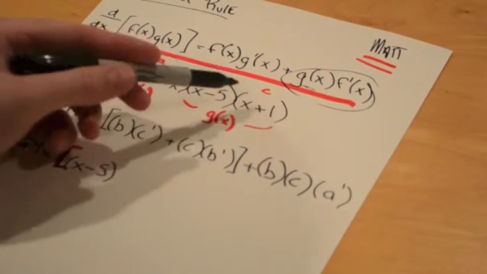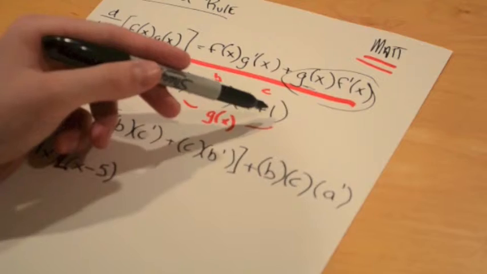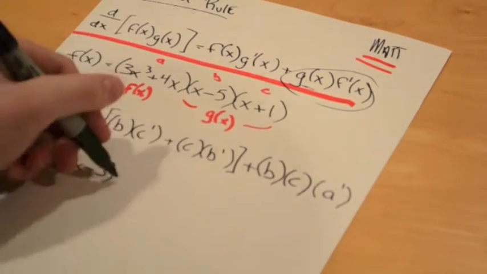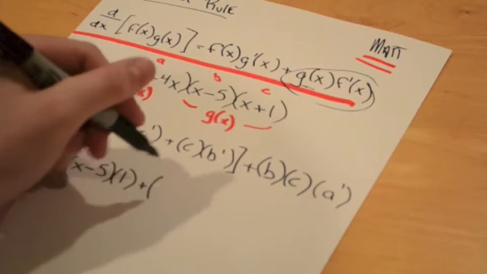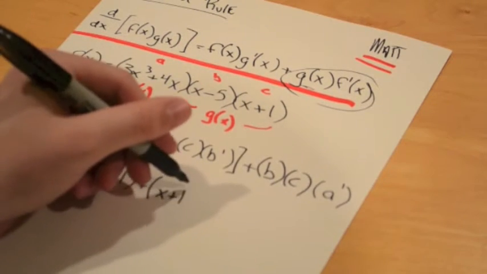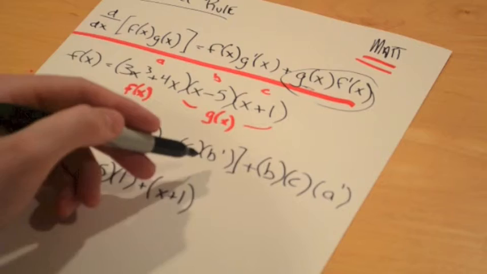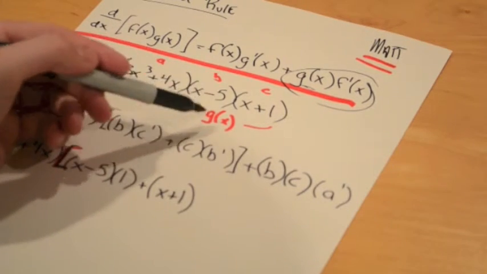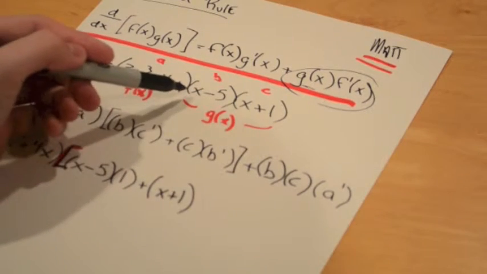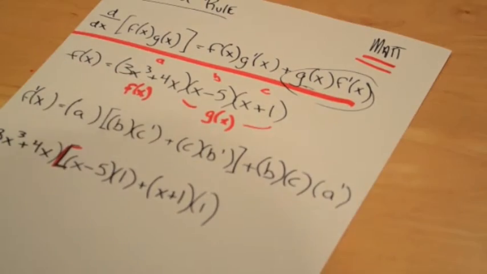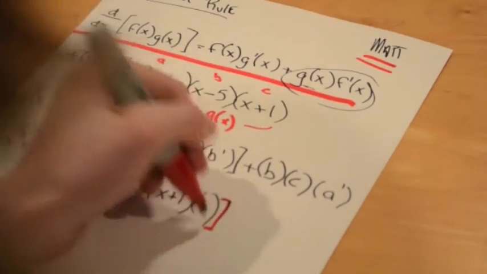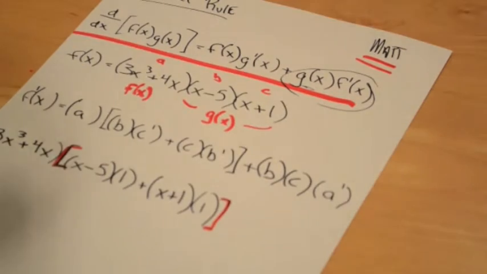Now, the derivative of c, a constant number would always be 0, x always equals 1, so it'd just be 1 right here. Plus c, x plus 1, multiply the derivative of b. Once again, 5 is a constant number, so it equals 0, and x equals 1. So it'll be multiplied by 1. Okay? So your first product rule you solve right there.